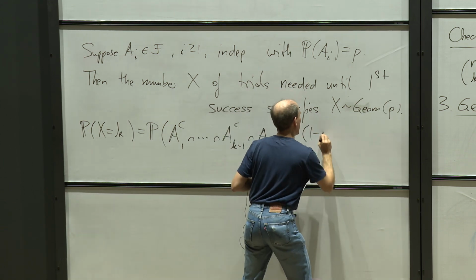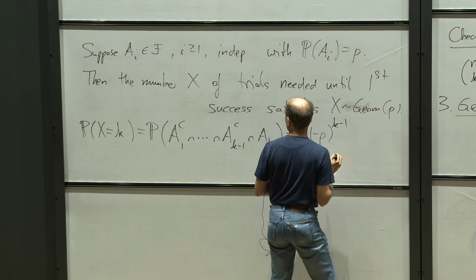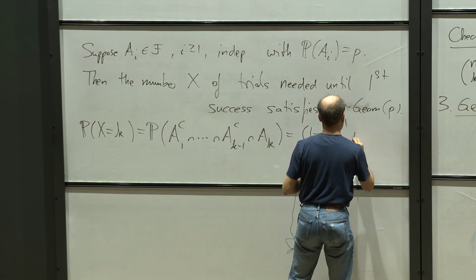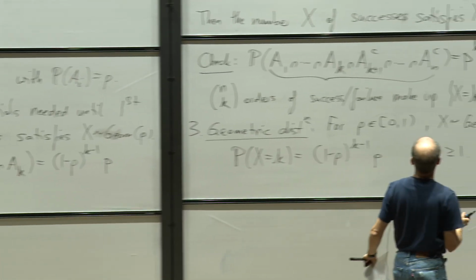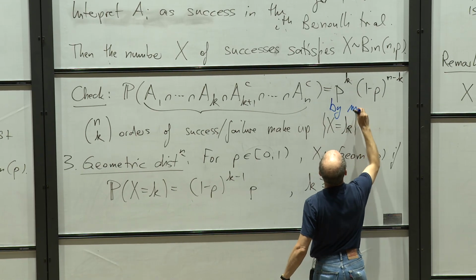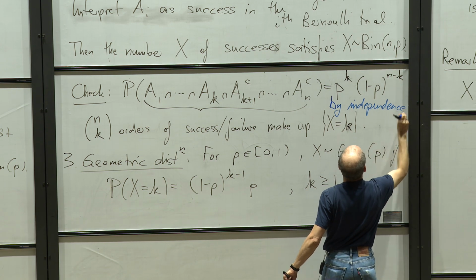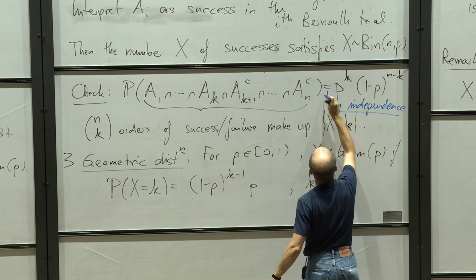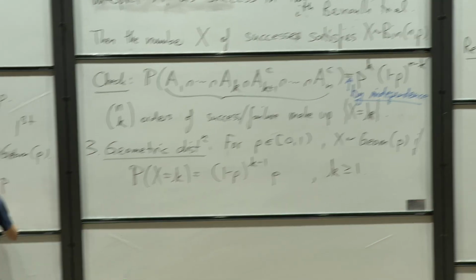So you are multiplying by independence, k minus 1 factors of 1 minus p and 1 factor of p. And in both cases, I should be precise and add by independence into my argument, because that is where my independence assumption came in.